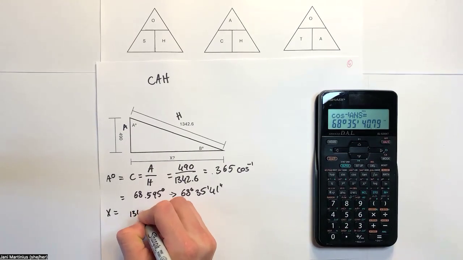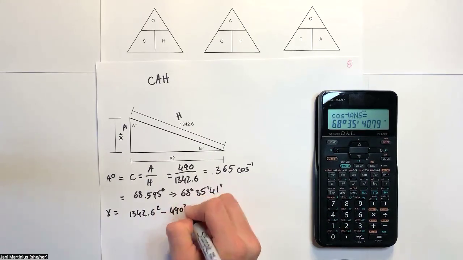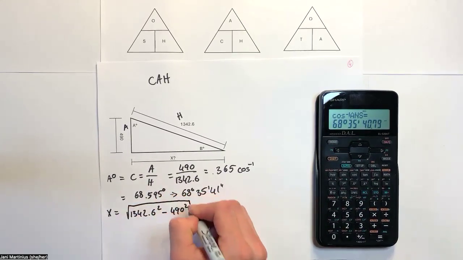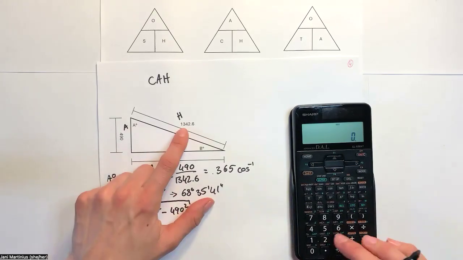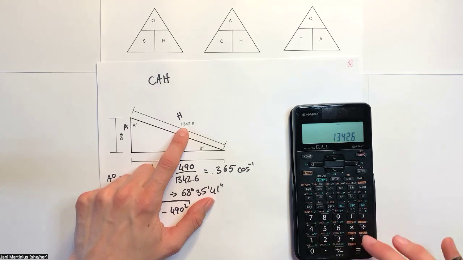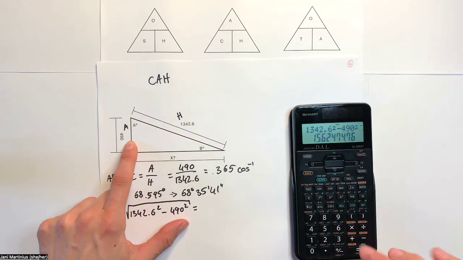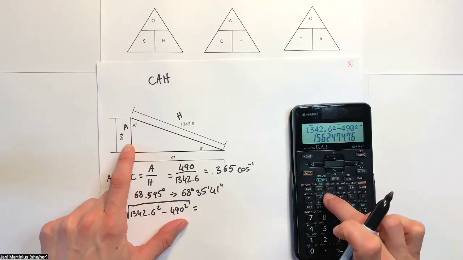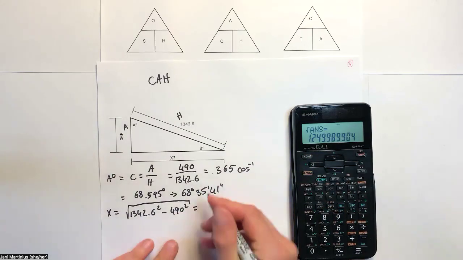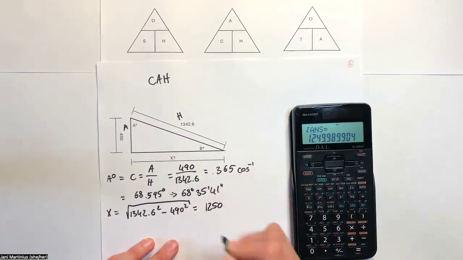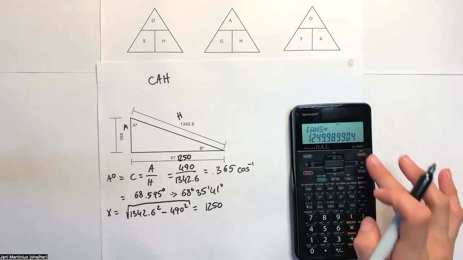So 1342.6 squared minus 490 squared equals, let's punch it into the calculator. 1342.6 squared minus 490 squared equals, second function, square root button. Cool, let's call that 1250. And we can write that in case we want to use it.